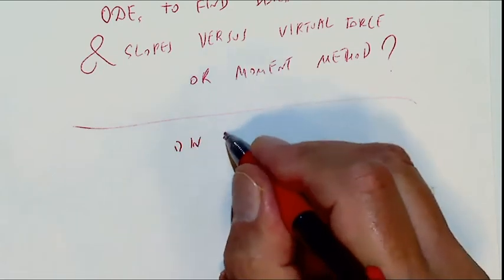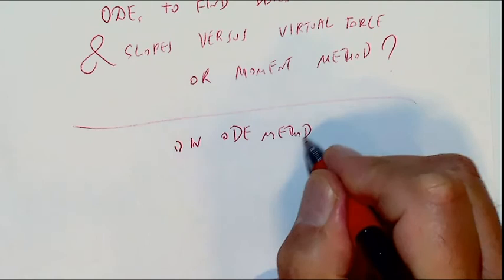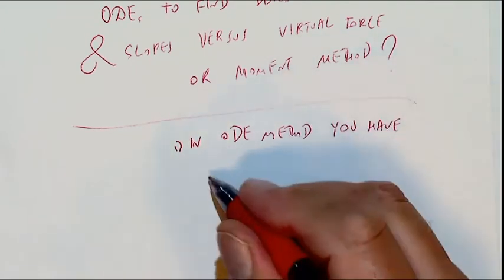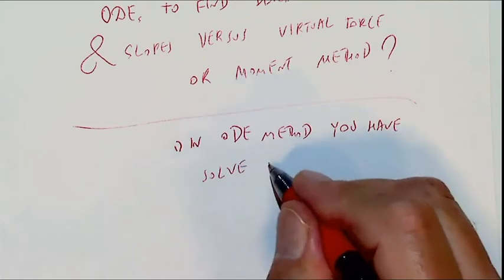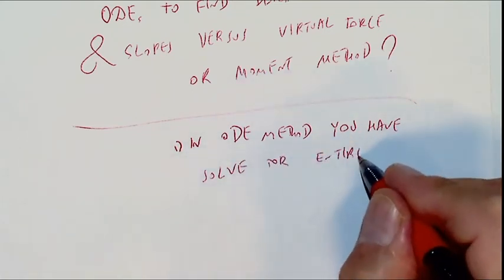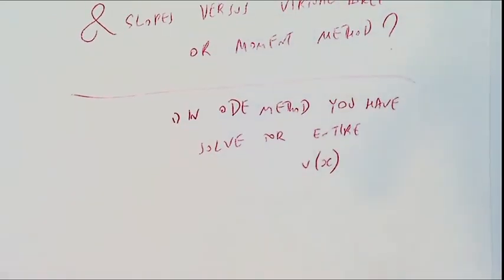In the ODE method, you have to solve for the entire v of x. And then you will find also what happens at the point that you want.